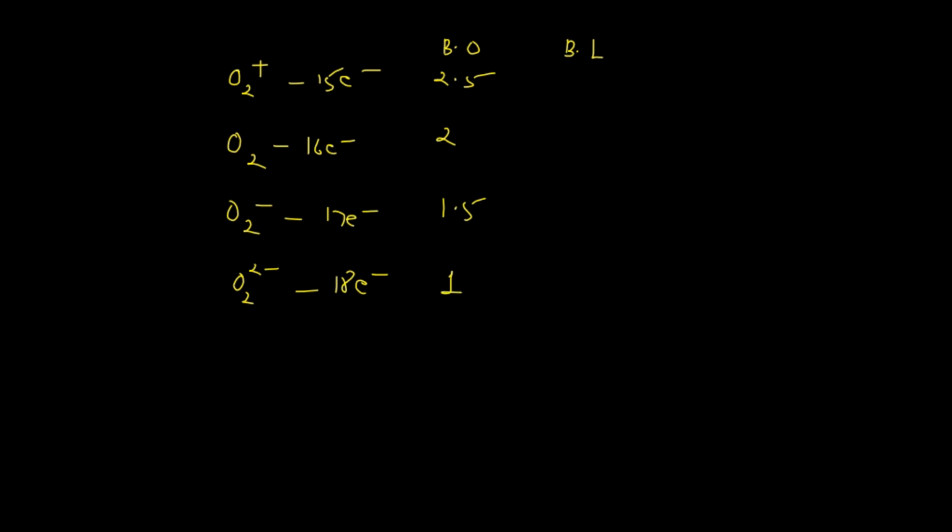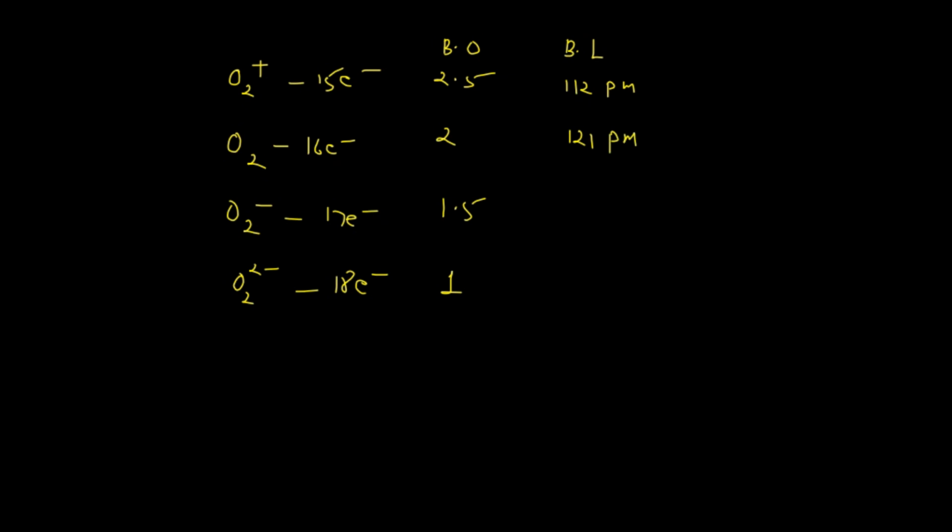Since this bond order of 2.5 is the highest one, definitely it should have the lowest bond length and the maximum stability for this cation, and it is 112 picometer. Since now the bond order has decreased, the bond length must increase for the oxygen molecule, and for oxygen molecule the bond length is 121 picometer.